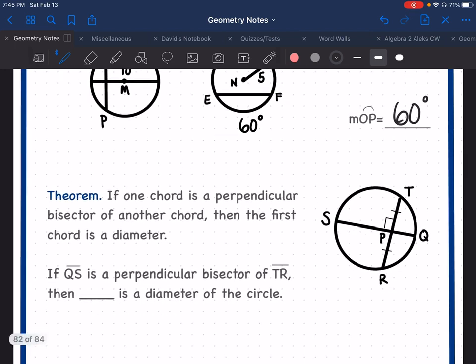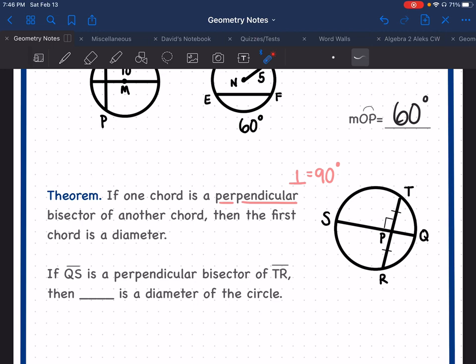If one chord is a perpendicular bisector, let's go back and remind ourselves what perpendicular means. So perpendicular means, this is my symbol for perpendicular, which means I have a 90-degree angle. And you can see that right here in your picture.